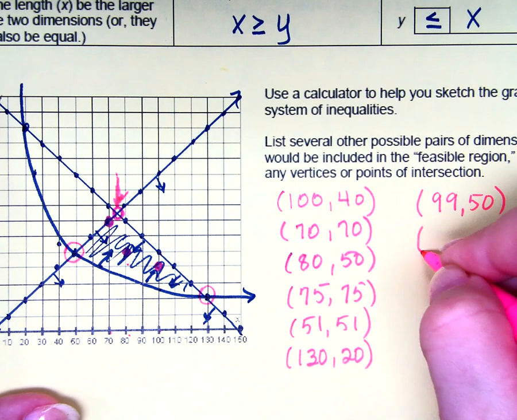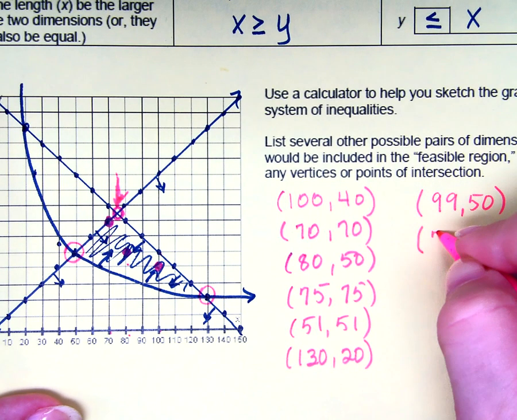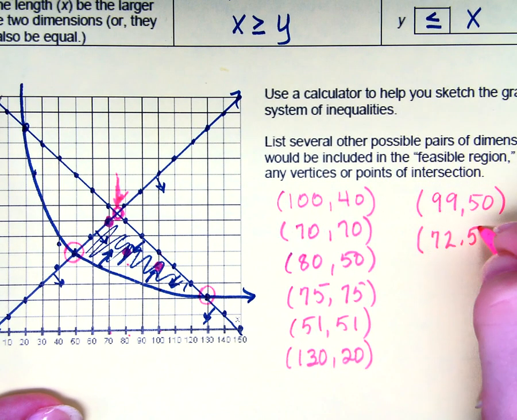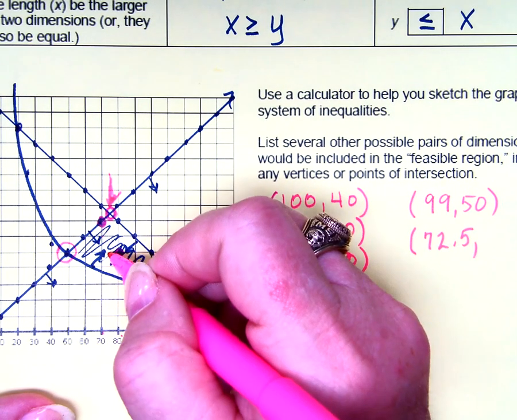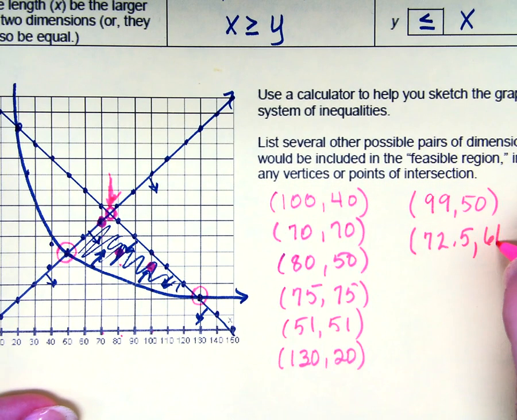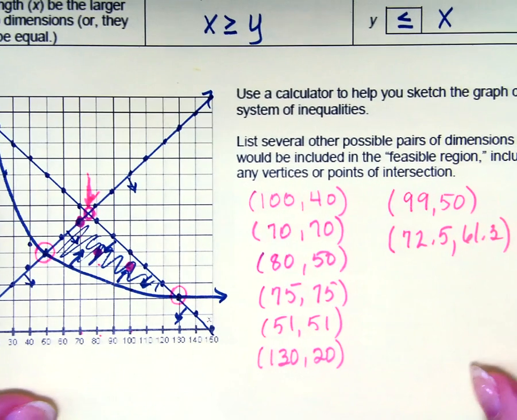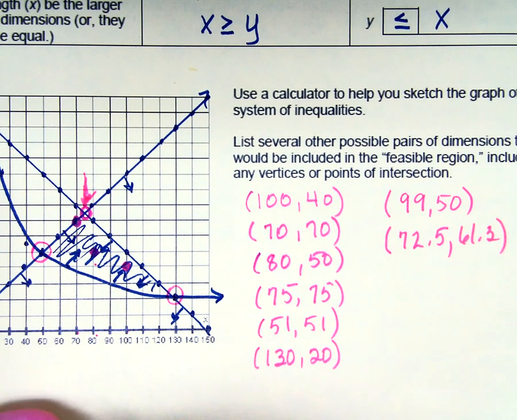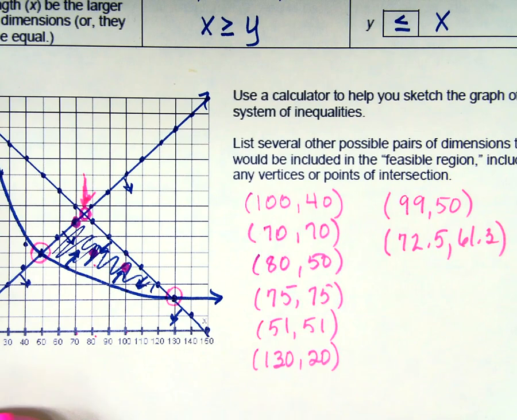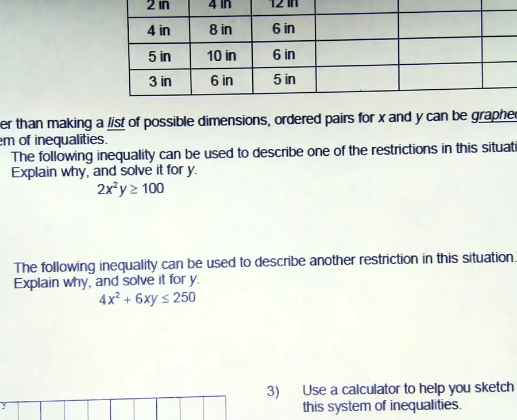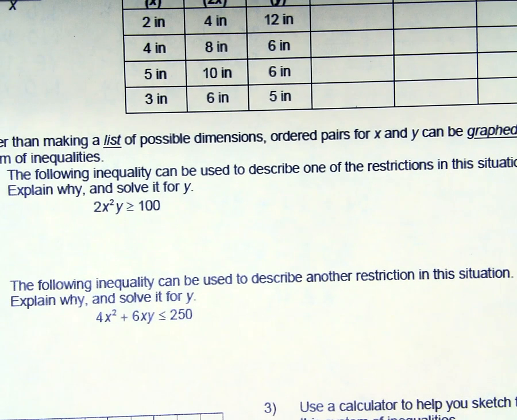What about this one? 72.5, 61.3. Yeah? So you are doing the other side, okay? You're doing the other side.